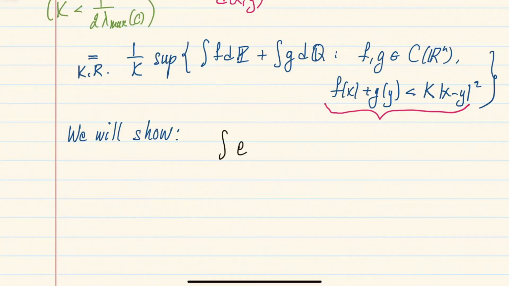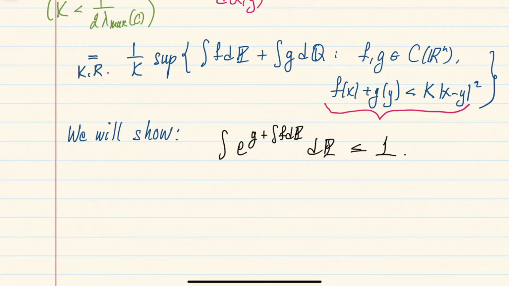Namely, the integral of e to the g plus the integral of f with respect to p. So this integral of f with respect to p just appears as a constant inside this exponent. And then you integrate this function with respect to p, and we'll show that this is less than or equal to 1.